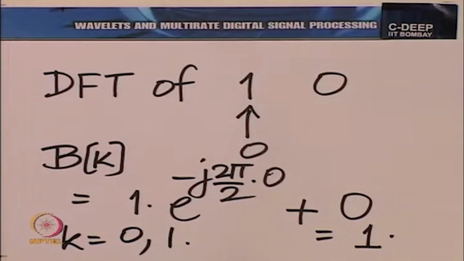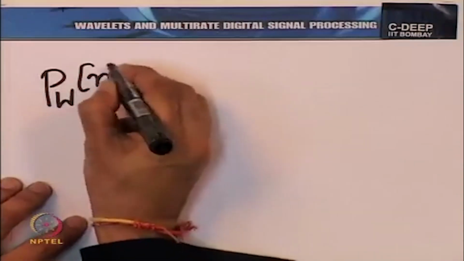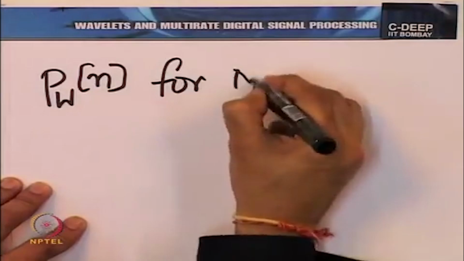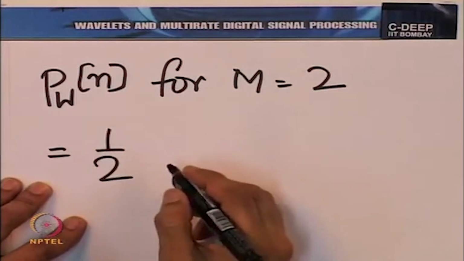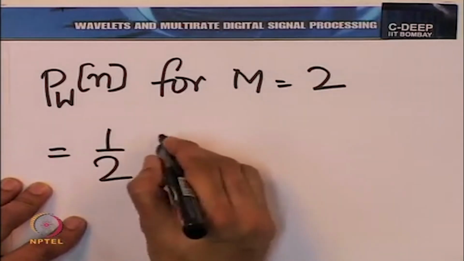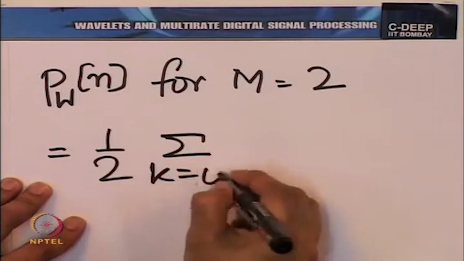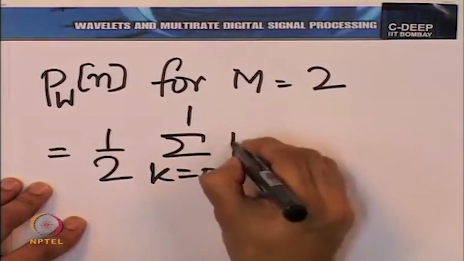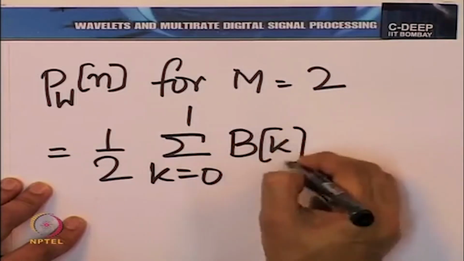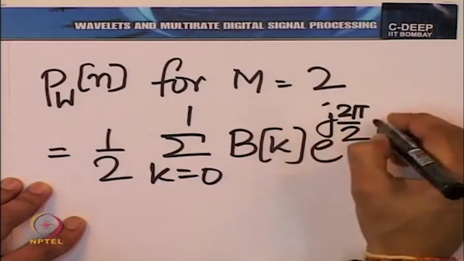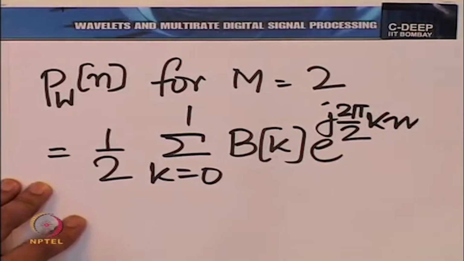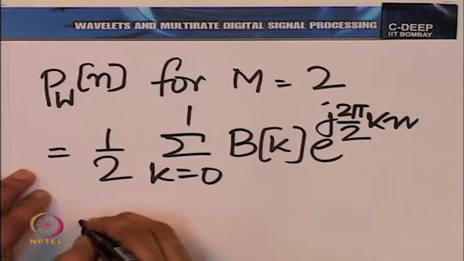And how do we reconstruct this periodic sequence p n for M equal to 2? It is reconstructed using the inverse discrete Fourier transform. So, it is summation k going from 0 to 1 b k e raised to the power j 2 pi by 2 times k n, and that is easy to do.